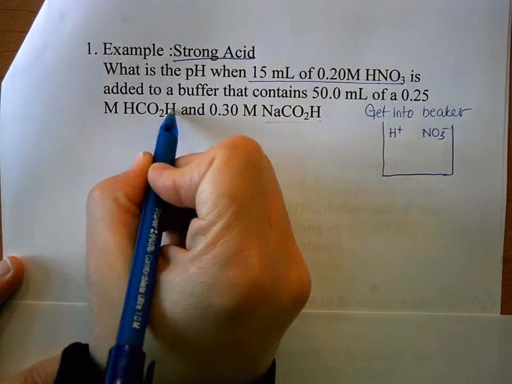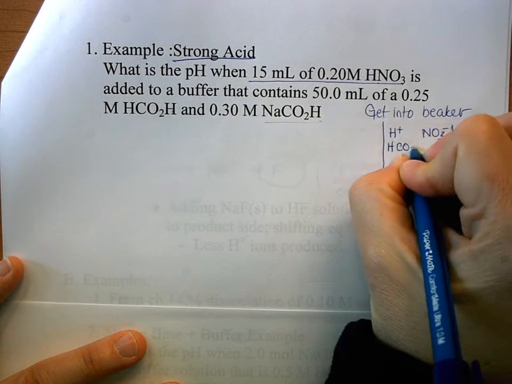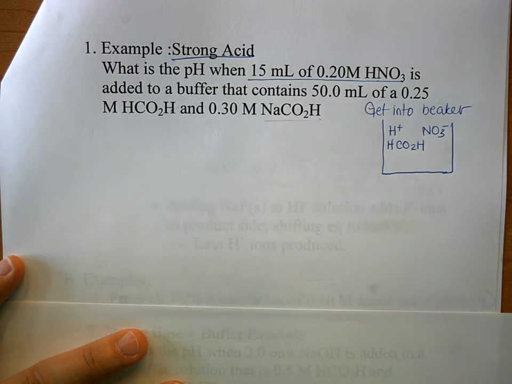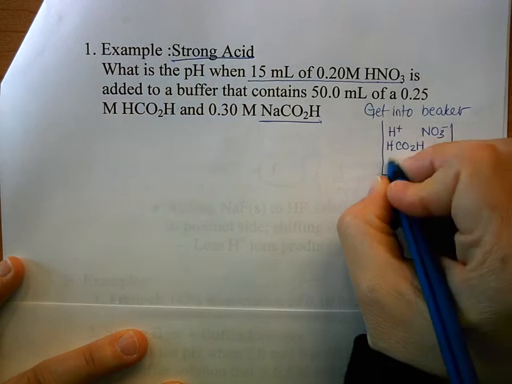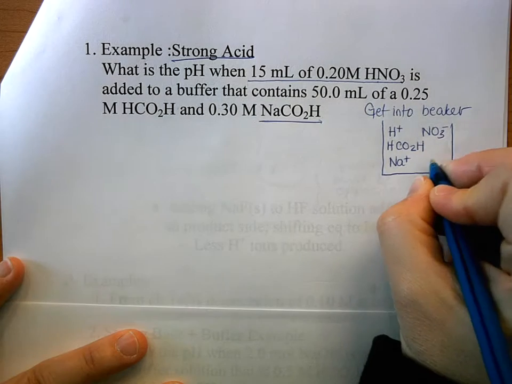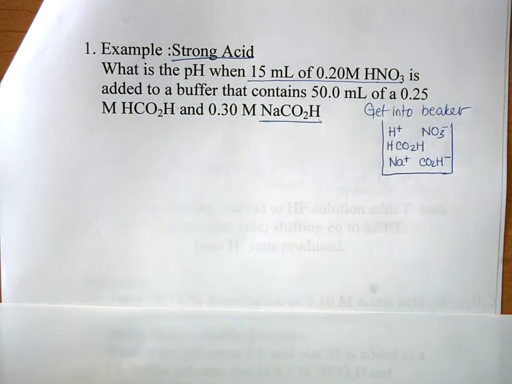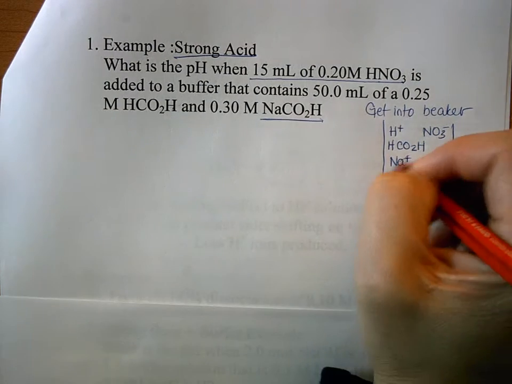With HCO2H, that is a weak acid, so most of it is going to still stay together, not dissociated. With my salt, ionic salt, that's going to separate into ions, Na+, CO2H minus.